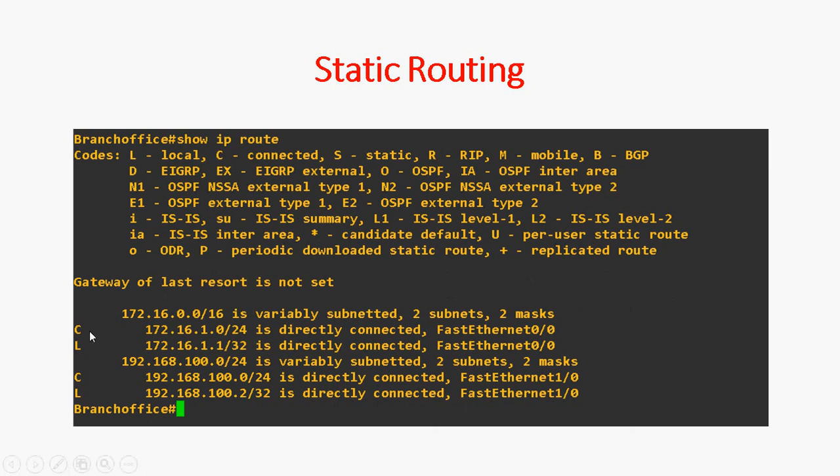Here we can see I got two entries: one network is connected towards the head office and another network is connected towards the LAN network. These two entries were added to the routing table because we went to the particular interfaces and assigned the IP and subnet mask, and based upon the subnet mask, the router knows the network ID.